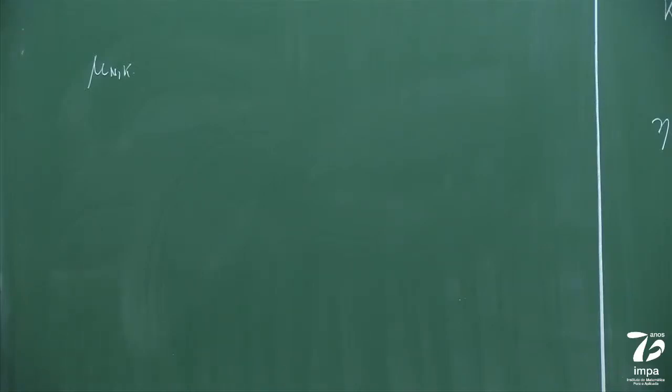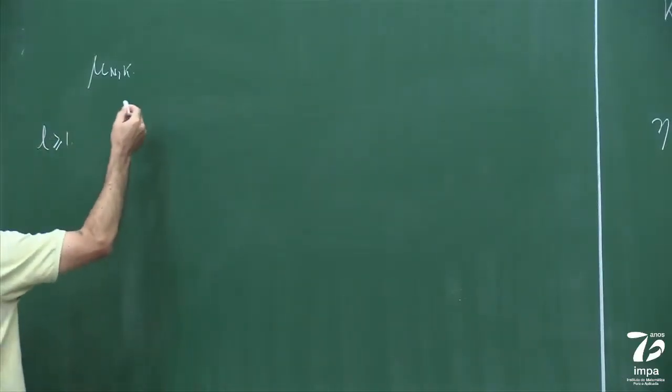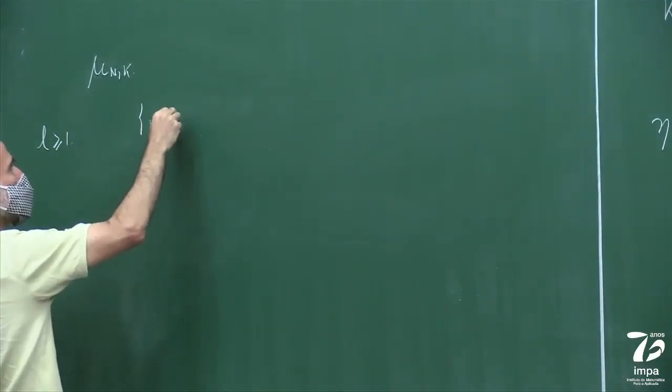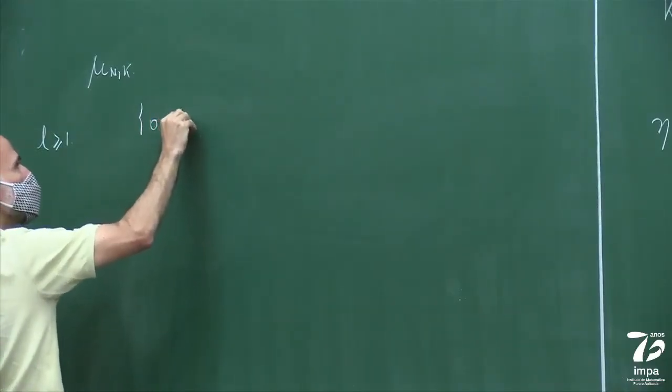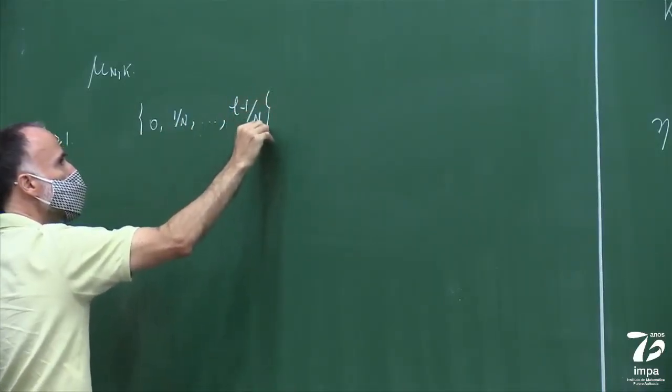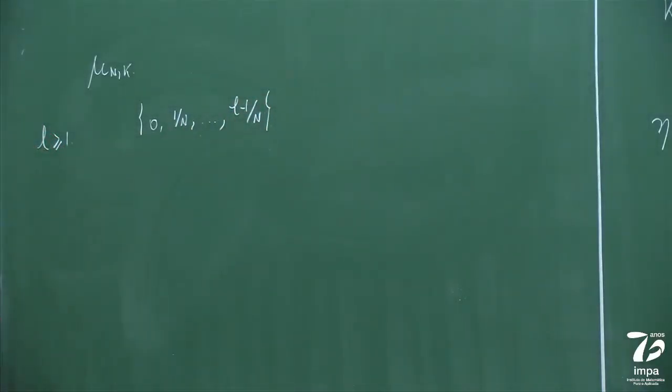Okay? So let me say that I fix L, which is larger than 1, an integer. I will observe the sites 0, 1 over n, up to, say, L minus 1 over n. So I fix L sites.